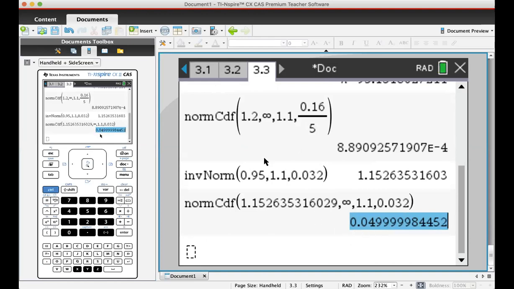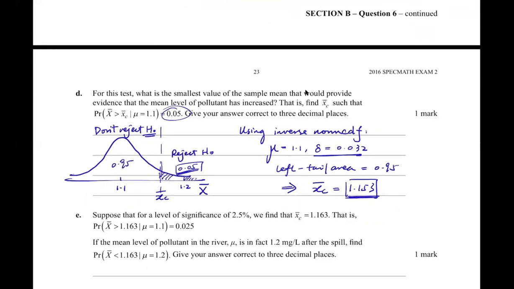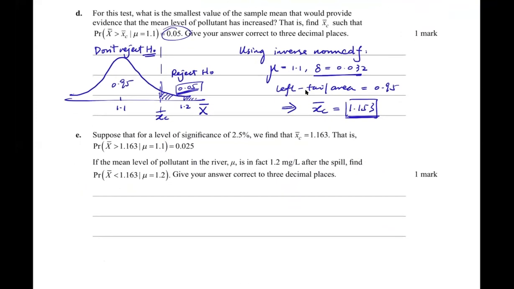But let's have a look at the question first. How about x bar smaller than that number here under a different sample mean? So this time x bar 2 is normal distribution, let's say 1.2, 0.032 squared.